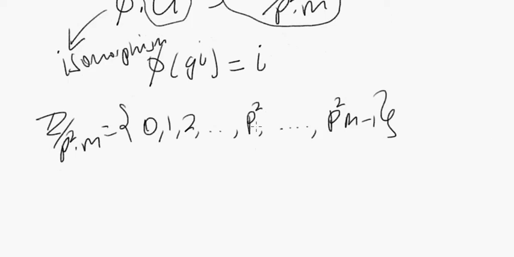But what would it mean for an element to have order p squared? Wouldn't it mean that for that alpha, alpha times alpha gives us the identity? In this case, since we're looking at Z mod p squared times m, alpha plus alpha must give us 0.